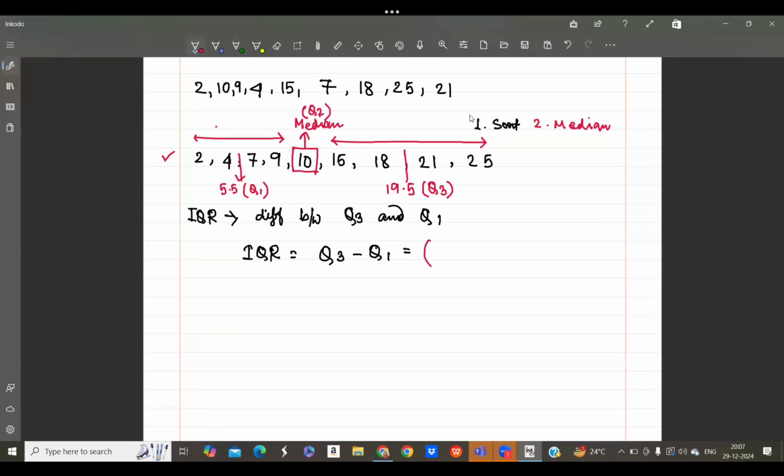So Q3 is 19.5 minus 5.5, which is 14. So 14 is our interquartile range.